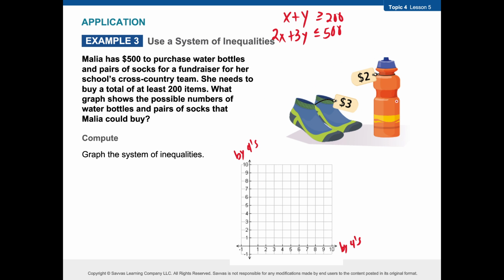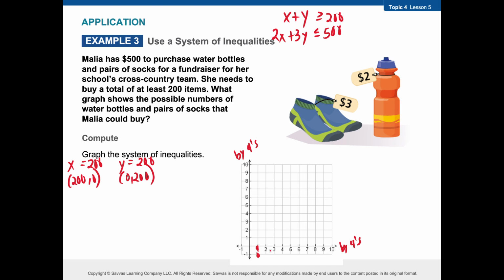So if I want to find how many water bottles I can buy without buying any socks, replace y with 0. So I can buy 200 water bottles, so that would be at 200, 0. Or I can buy 200 socks with no water bottles.